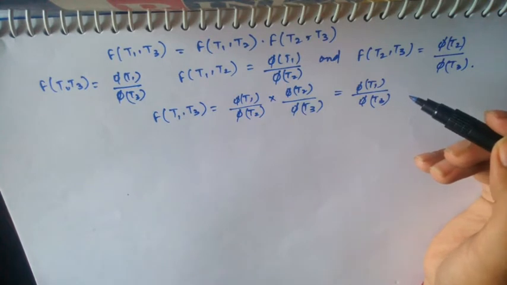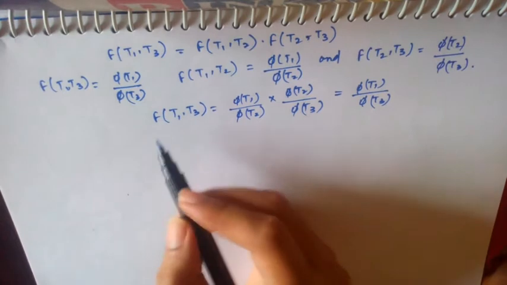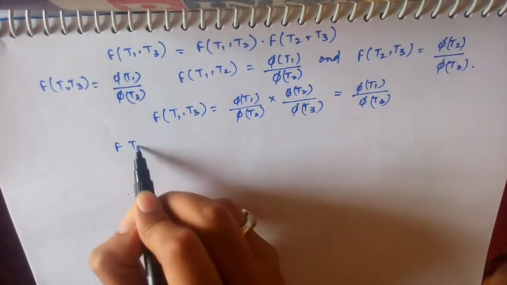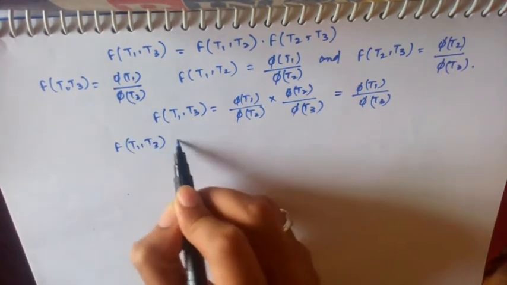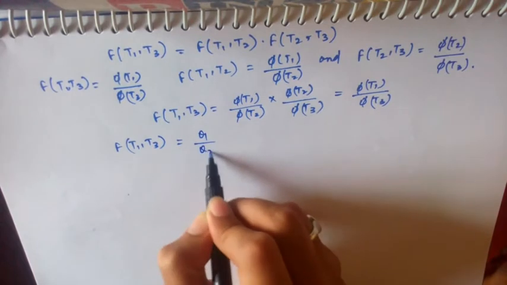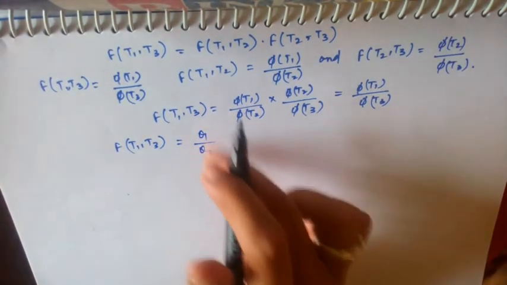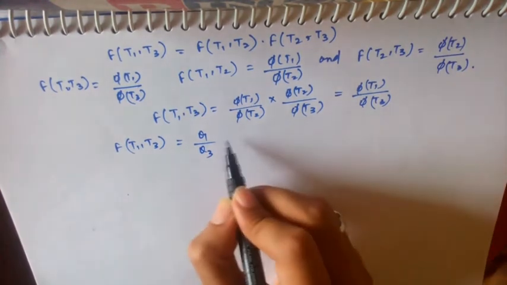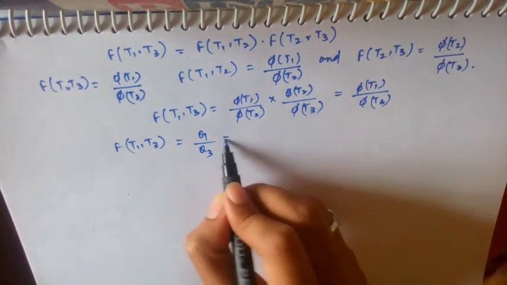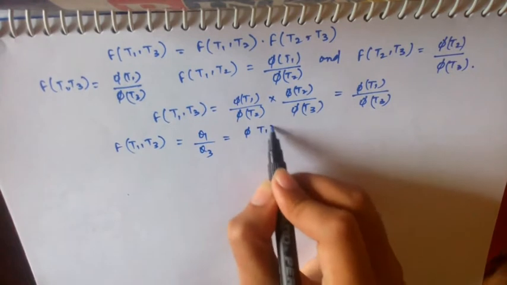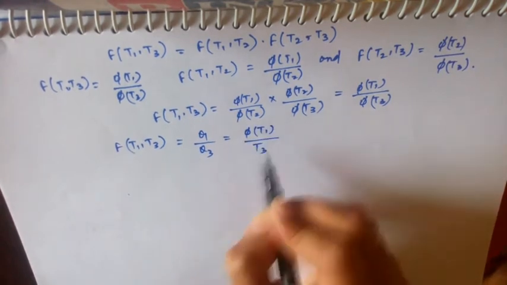Now we know that F(T1, T3) is equal to Q1 upon Q3, because we have proved it by the efficiency formula. Now this Q1 upon Q3 is equal to phi(T1) upon phi(T3).